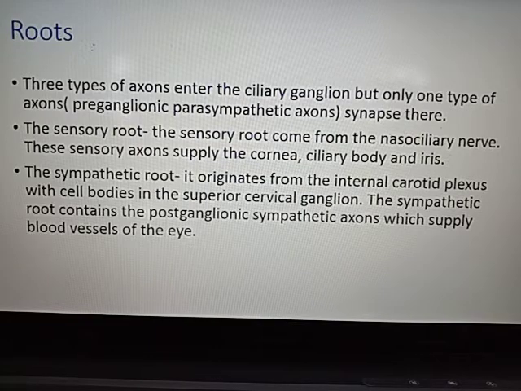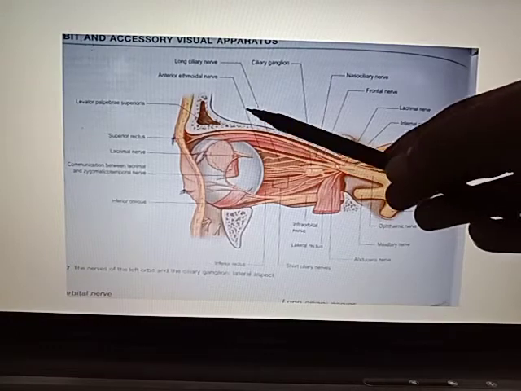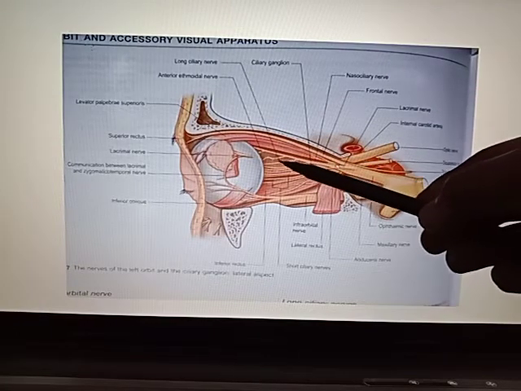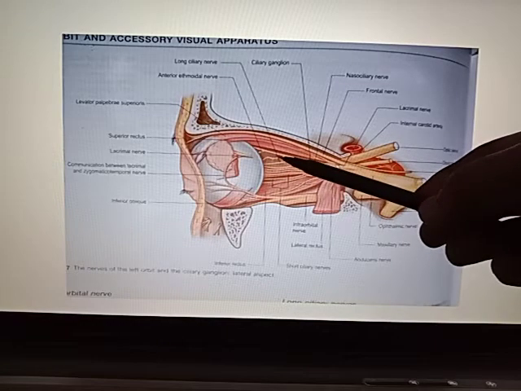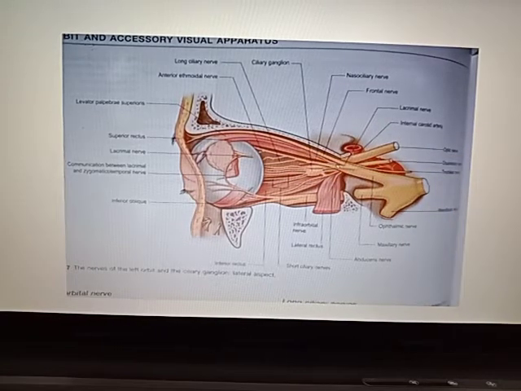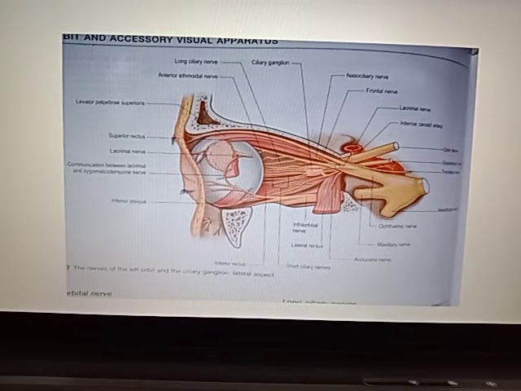So the general sensation from the cornea, ciliary body and iris passes through the long ciliary nerve. From this long ciliary nerve, the general sensation comes to the nasociliary nerve, and from the nasociliary nerve it goes to the ophthalmic division, then to the trigeminal ganglion, and from the trigeminal ganglion to the trigeminal nucleus.